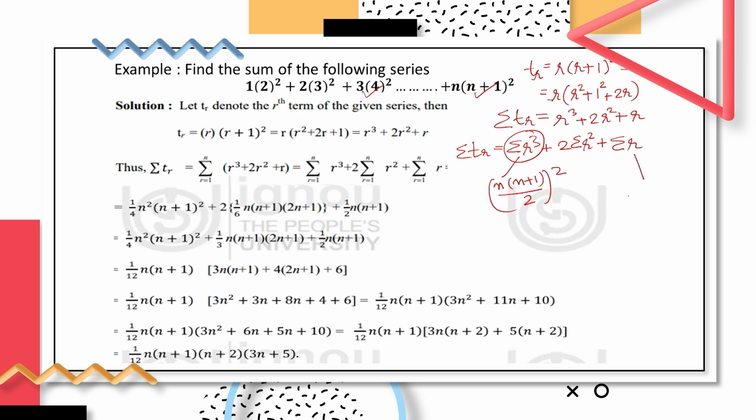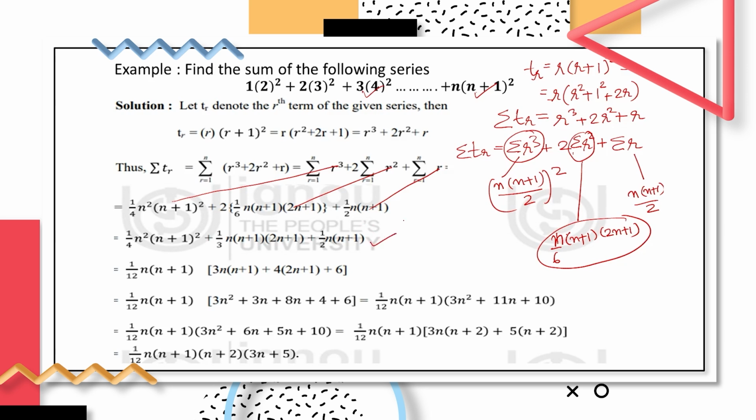Summation of r is n into n plus 1 by 2, and on the same lines summation of r square, the sum is 1 by 6 n into n plus 1 into 2n plus 1. So, these respective terms are replaced over here, and we got this expression.